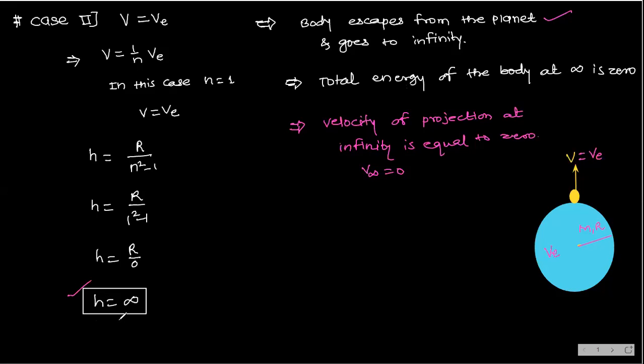Here we have calculated already, height is infinity. You can see yesterday's formula, h is equal to r by n square minus 1. At the place of n we keep 1, then v will become v e, and 1 square minus 1 is 0. R by 0 is infinity, because anything divided by 0 becomes infinity, and that's why height is infinity. Body will go to the height infinity, and at this point your velocity is equal to 0.